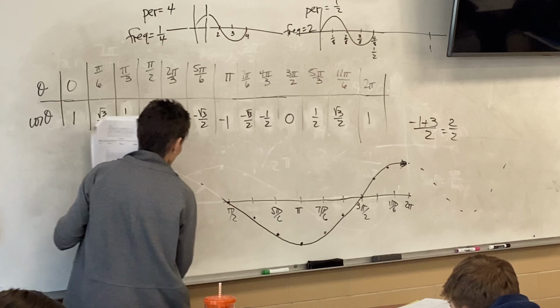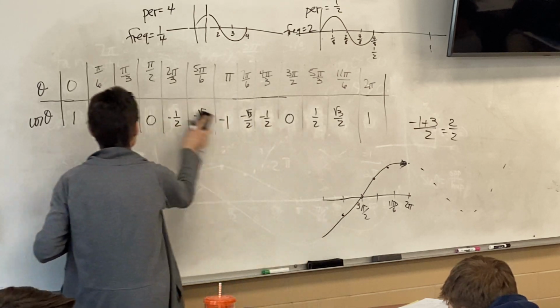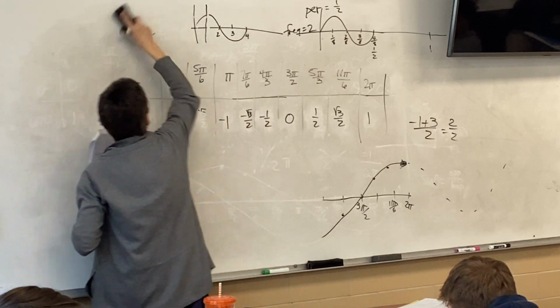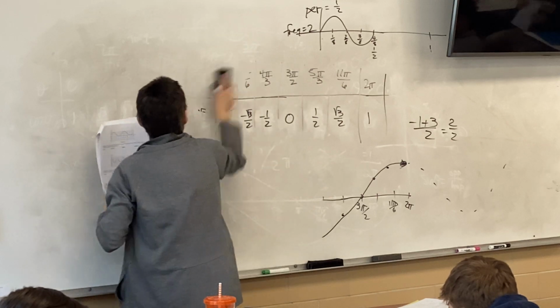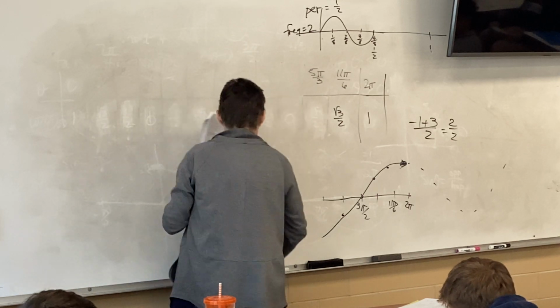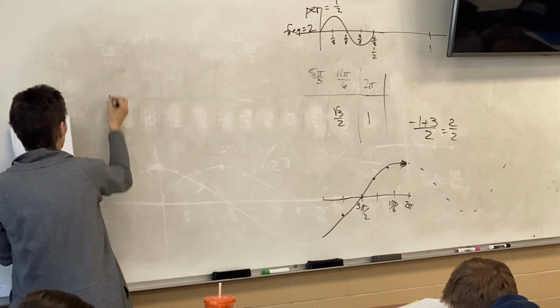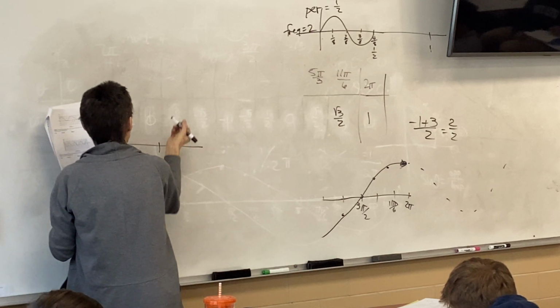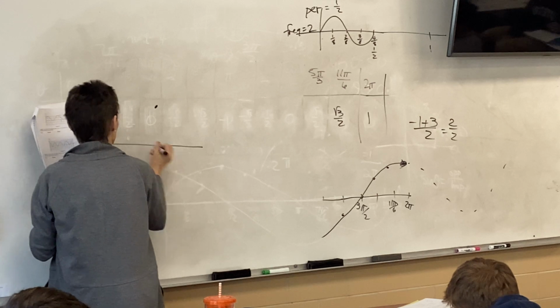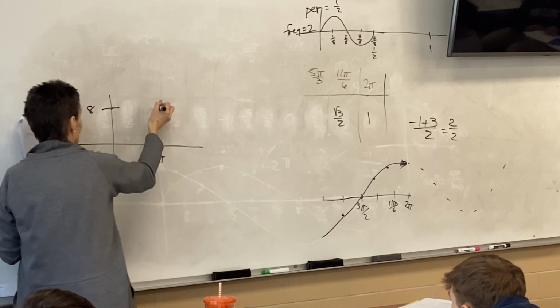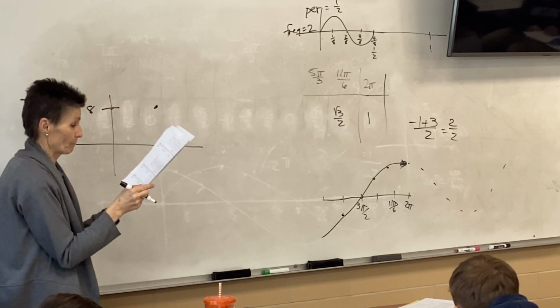Okay, now example 3. All right, now things are getting a little interesting. We have a sinusoidal function, and it has a maximum point at pi, 8. So there's the maximum.